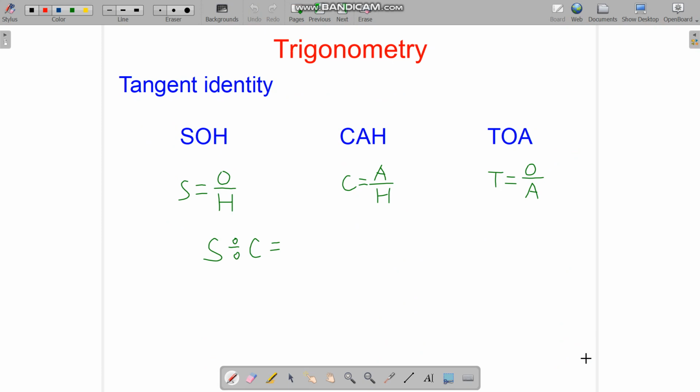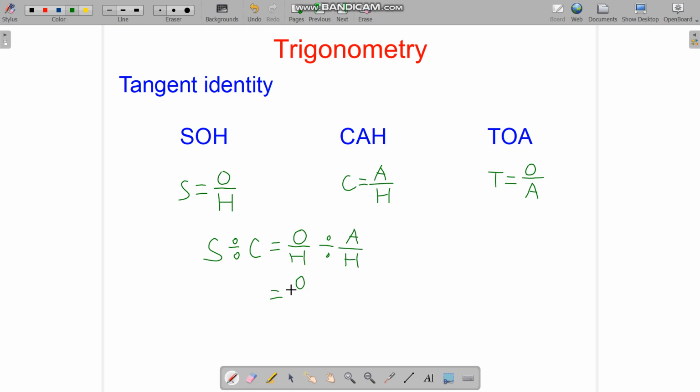Now SOHCAHTOA is for sine equals opposite over hypotenuse and so on. So sine divided by cos: sine is O over h, divided by cos, which is A over h.